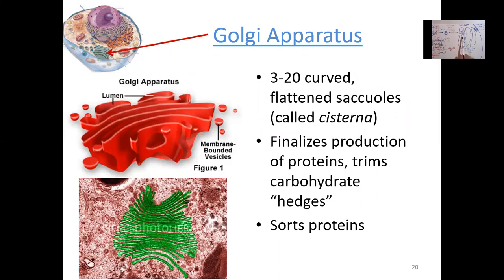So far, these hedges are just unruly. We need to trim them to make sure they look exactly like us. They are our unique cell fingerprint. My glycoproteins don't look like your glycoproteins, which don't look like your parents' glycoproteins. Everyone has different shapes of these hedges on the surface of their cells.